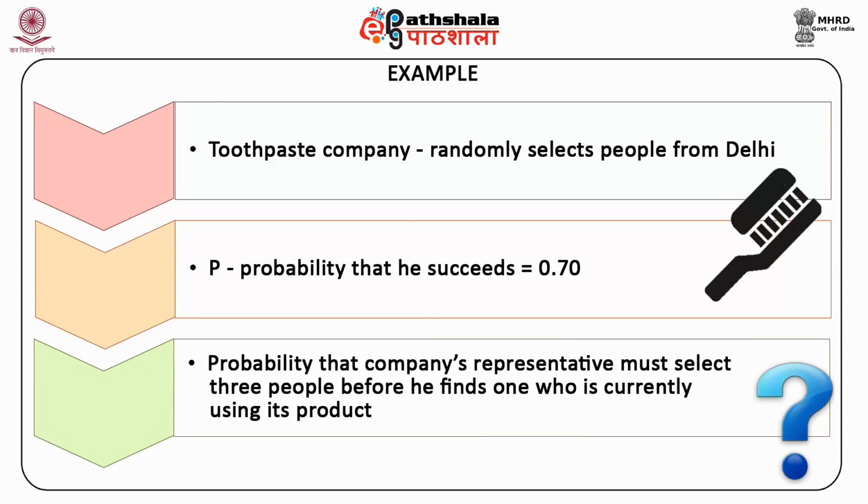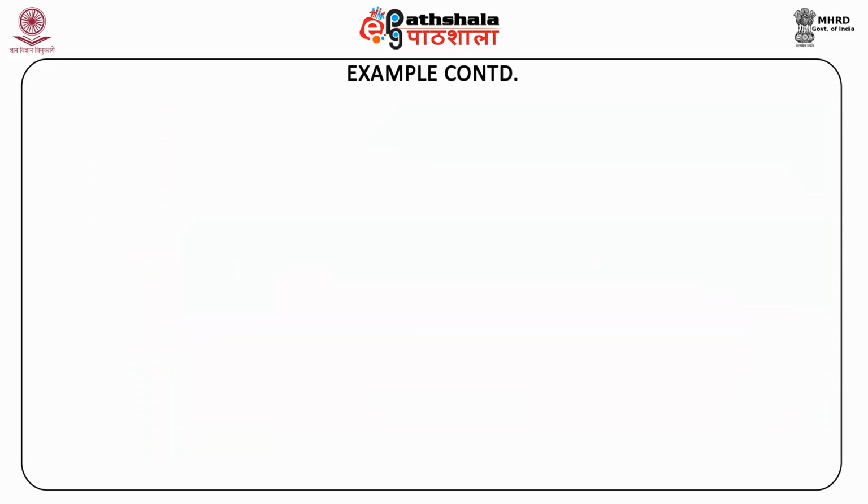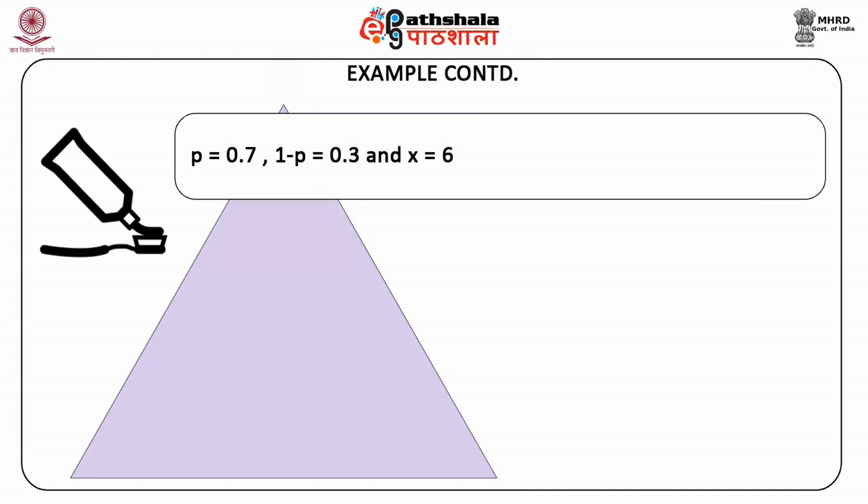What is the probability that the company's representative must select 3 people before he finds one who is currently using its product? To find the desired probability, we need to find the probability of x equal to 3, which can be determined by directly using the probability mass function of a geometric random variable with p equal to 0.7, 1 minus p equal to 0.3 and x equal to 3.